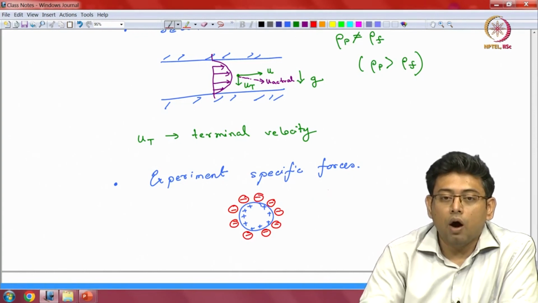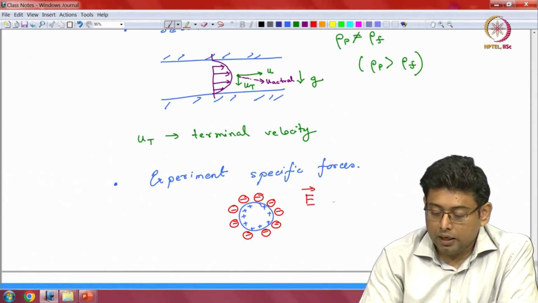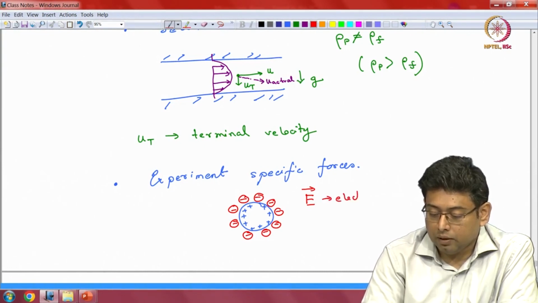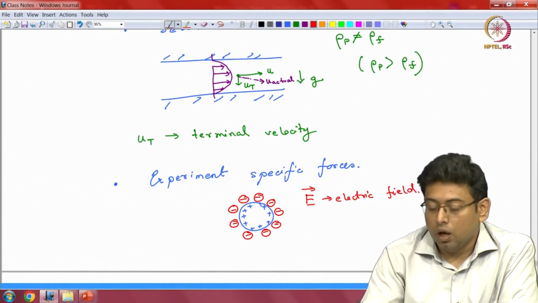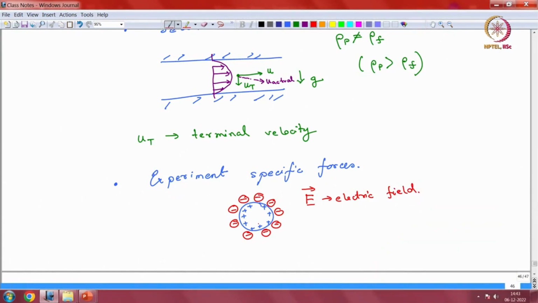Now, if you apply an electric field to this system, where E stands for electric field, the electric field is going to make this particle move, right. So, the electric field will affect it even though the system is effectively charge neutral.